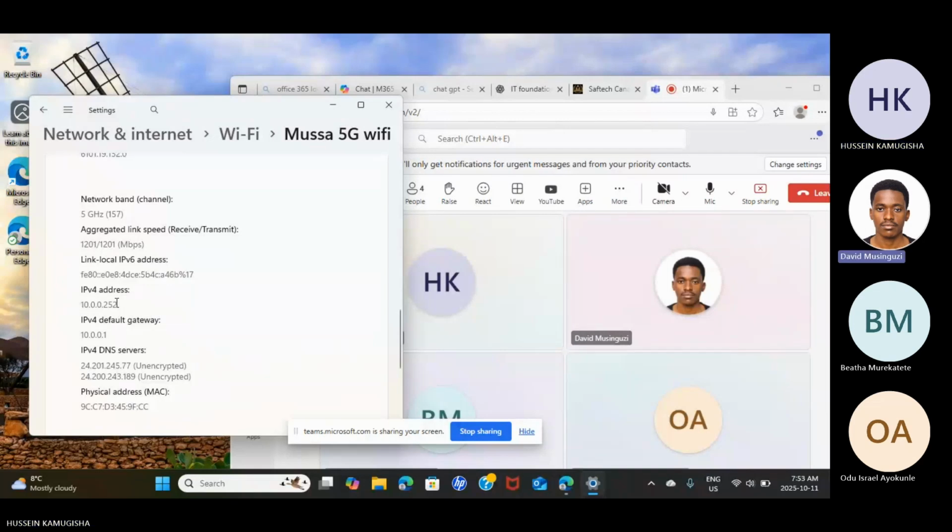Okay, so what is the difference between version 4 and version 6? Version 4, I think it was the old one, and they updated to a new one, which is version 6, because as I've read, version 4 was starting to have many devices connected to it.